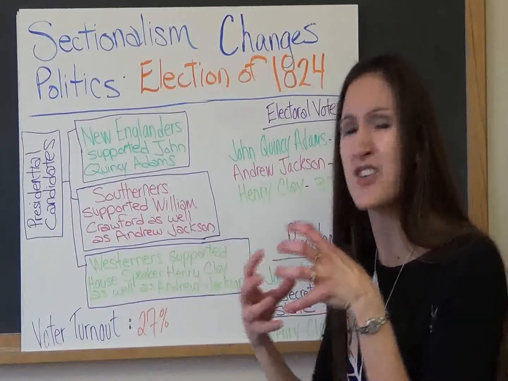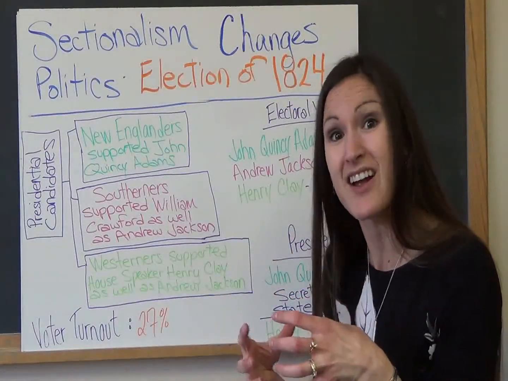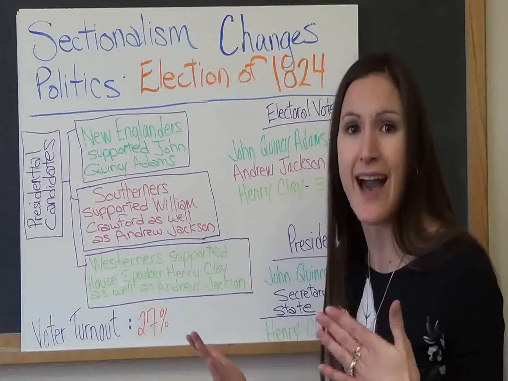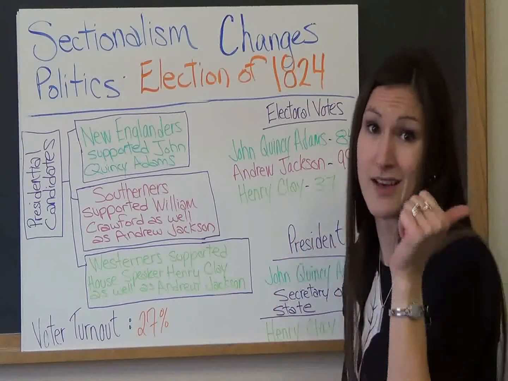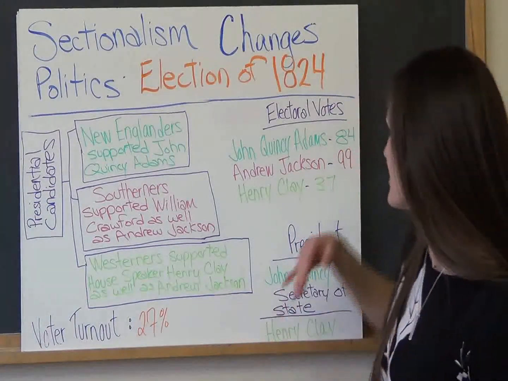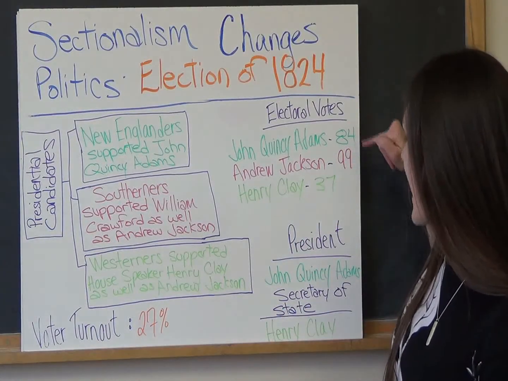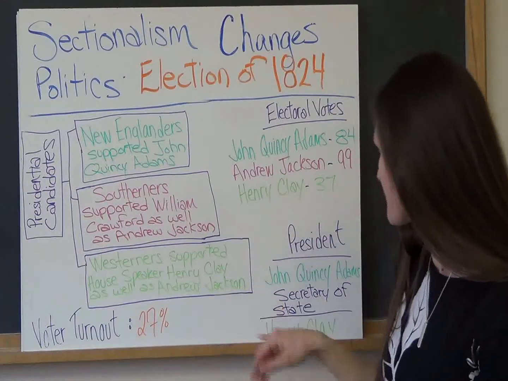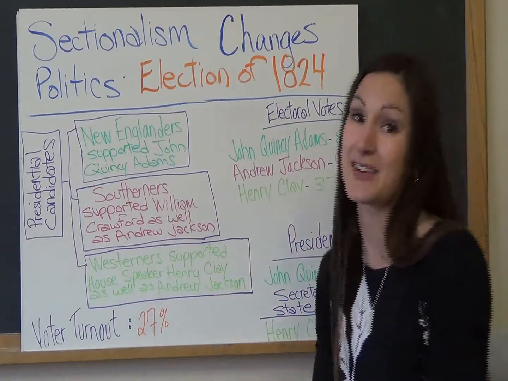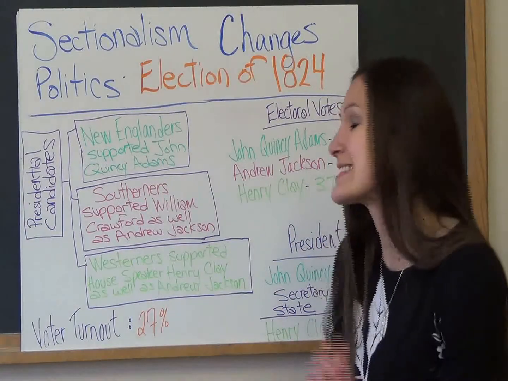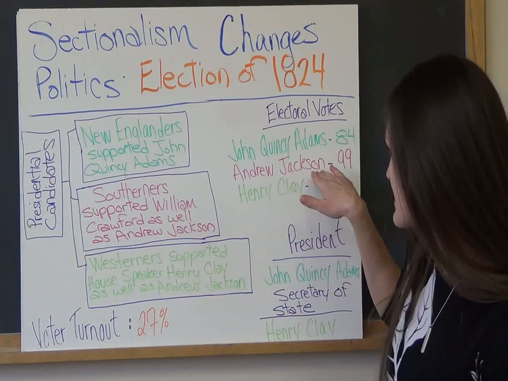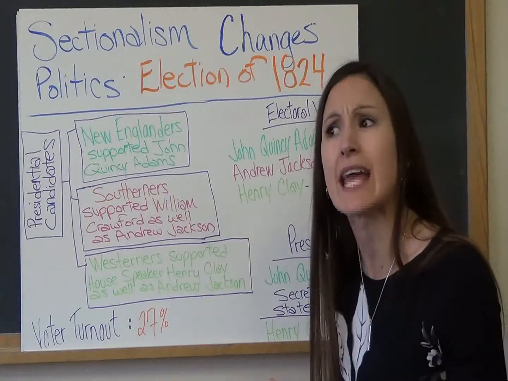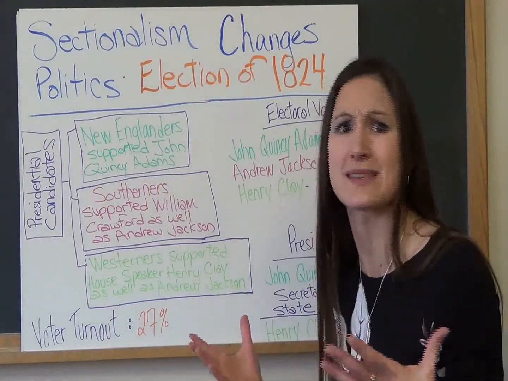You guys met, you made this deal together so you would both get something positive out of it, and Andrew Jackson was left in the dust. So we have John Quincy Adams is named president, and Henry Clay is Secretary of State. Now this did not go over very well with Jackson's supporters. Jackson believed that he was robbed of the presidency, that this was not fair.